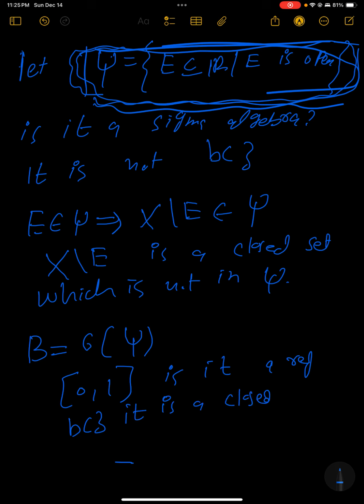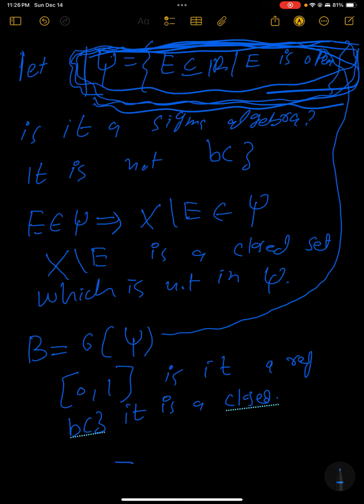A Borel set contains all closed sets, open sets, countable unions of closed sets, countable unions of open sets, countable intersections of closed sets, and so on. So a Borel set is nothing but an element of the sigma algebra on this set psi, which has only open sets. Then the elements of that sigma algebra are called Borel sets. I hope you get the idea.